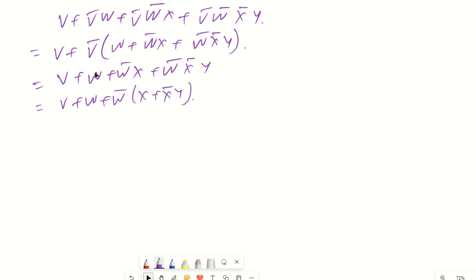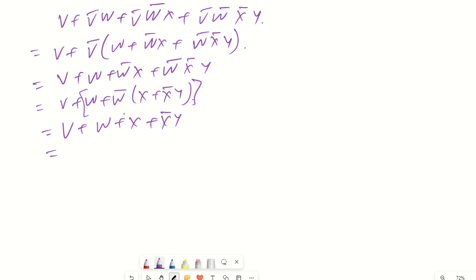What I am writing is the last three terms, I am writing W + W̄, so that will become 1, and then W + X + X̄Y. So this is how we have converted. Now you can see W + W̄ will become 1, so we will be left with V + W + X + X̄Y.